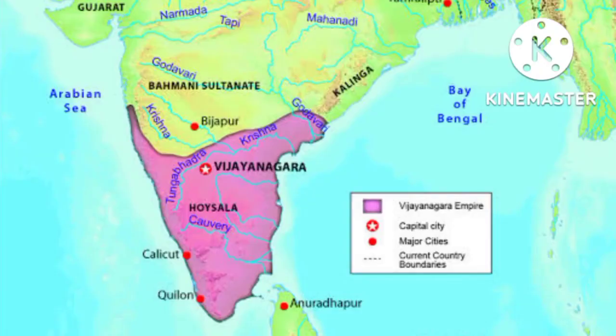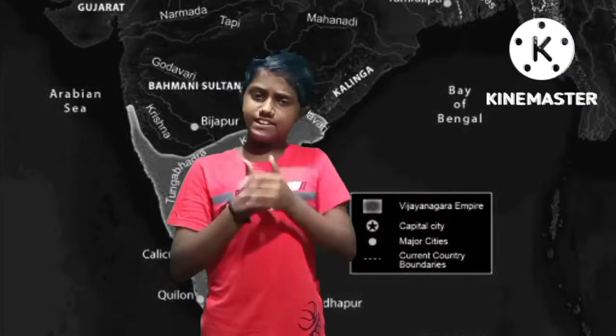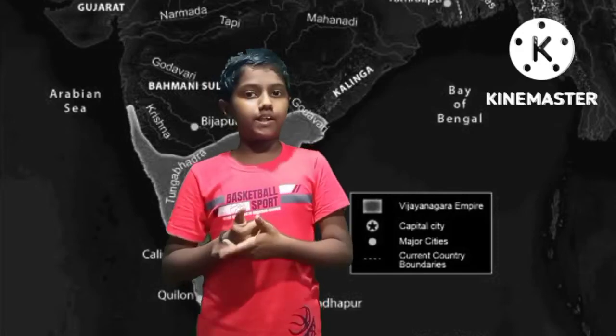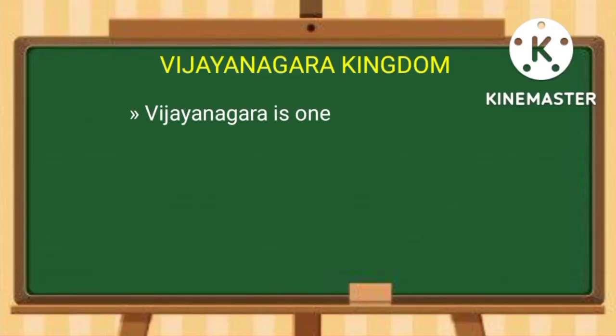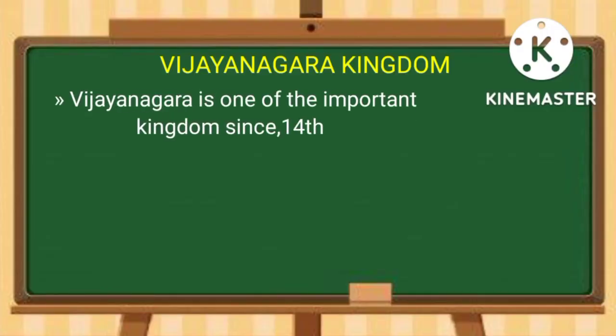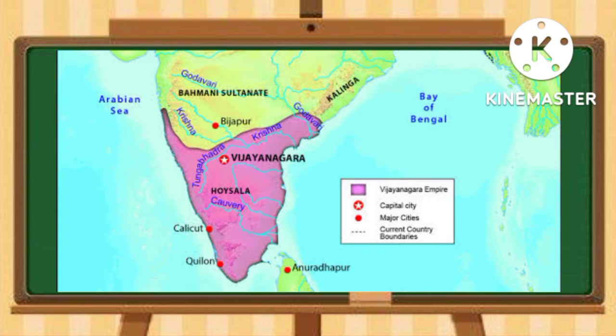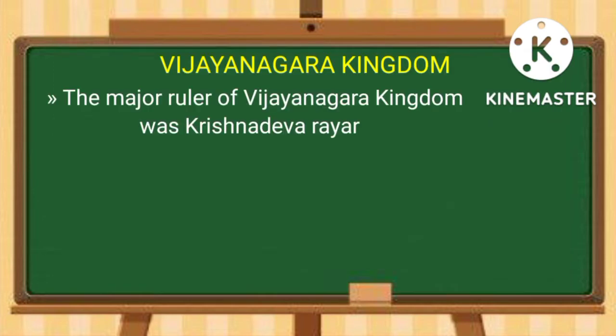Now let's discuss the Vijayanagara kingdom. Have you heard about the Vijayanagara kingdom? Yes, some of you have. It is one of the important kingdoms, and in the 14th century the Vijayanagara kingdom was very powerful. The major ruler of the Vijayanagara kingdom was Krishnadevaraya.